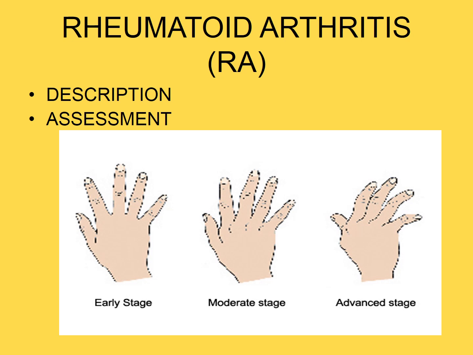Your assessment findings are inflammation, tenderness, stiffness of the joint, moderate to severe pain, and morning stiffness that's usually longer than 30 minutes. It's one of the differentiating factors with rheumatoid arthritis. Joint deformities, muscle atrophy, and decrease in the range of motion.